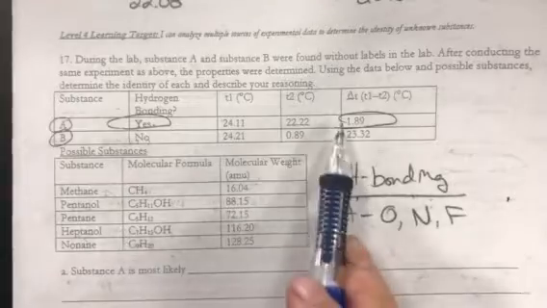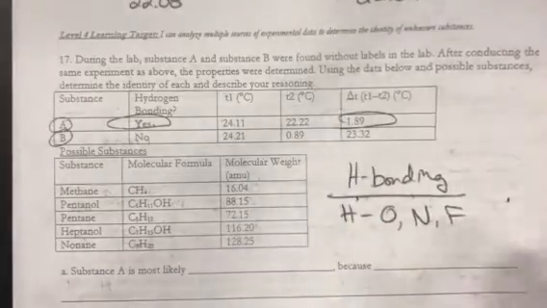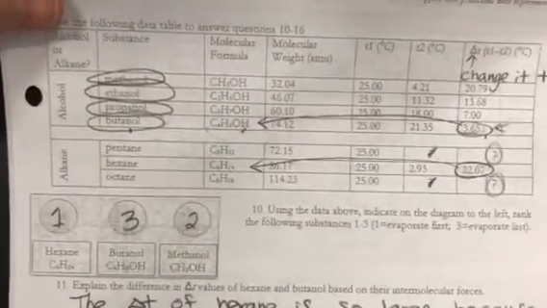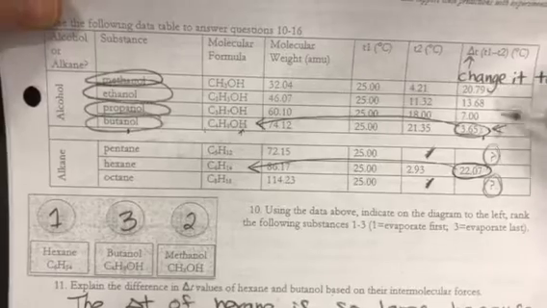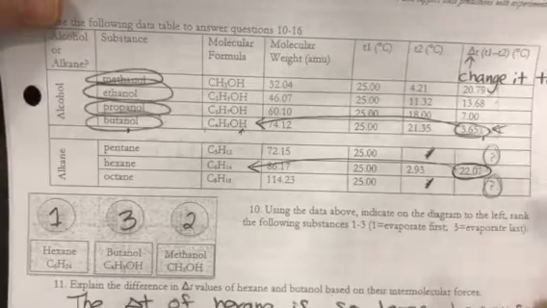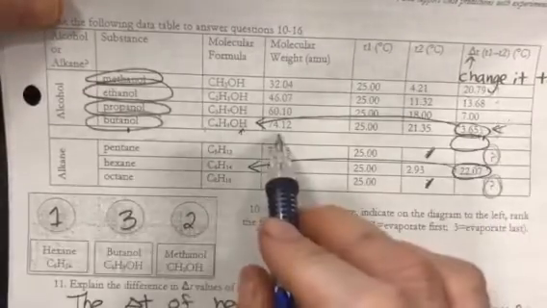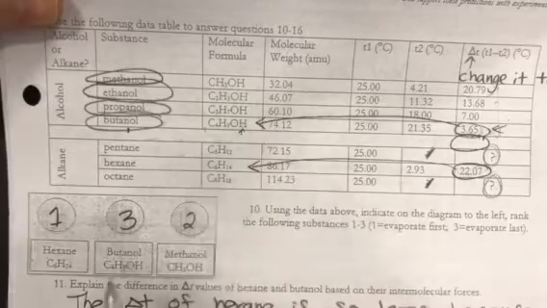So we need to figure out where this 1.89 is going to fit on our graph. The 1.89 change in temperature is going to fit somewhere here, and then the molecular weight is going to fit somewhere.